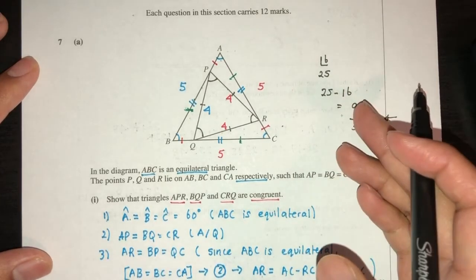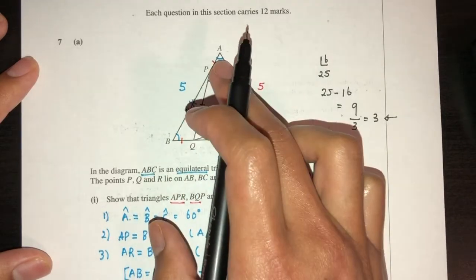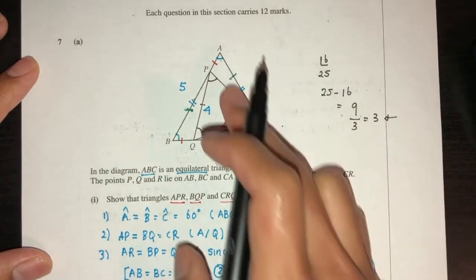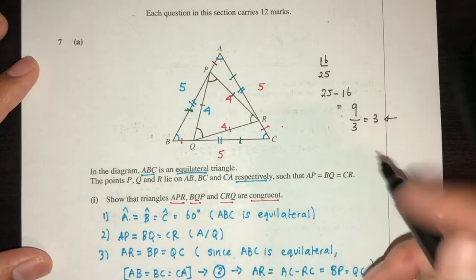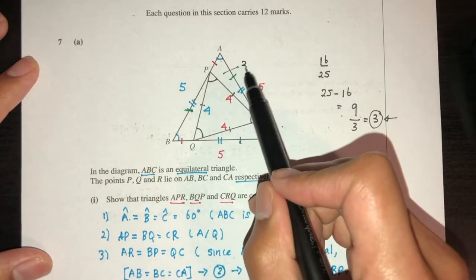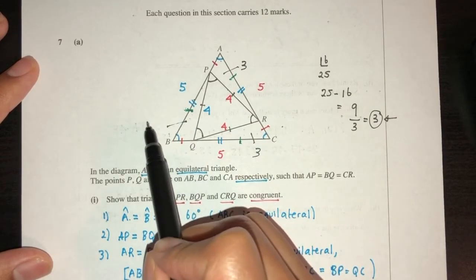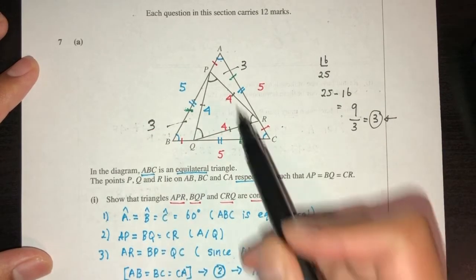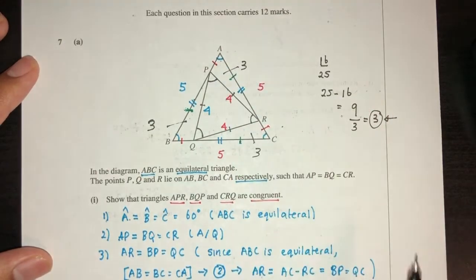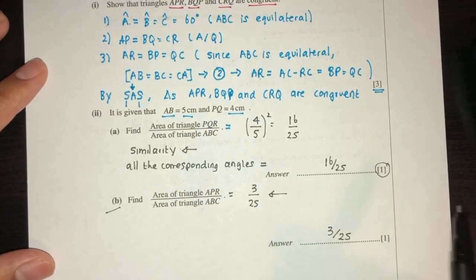That is the remaining area of these three triangles. Because they are all the same, to find one triangle's area we divide by 3. That will be 3, which means the area of APR is 3, of RCQ is 3, and QBP is also 3. So we take this one as required by your question, 3 over 25. That will be your ratio for the area.